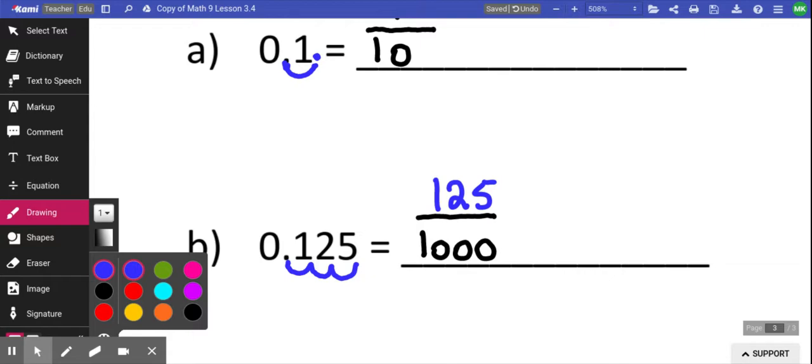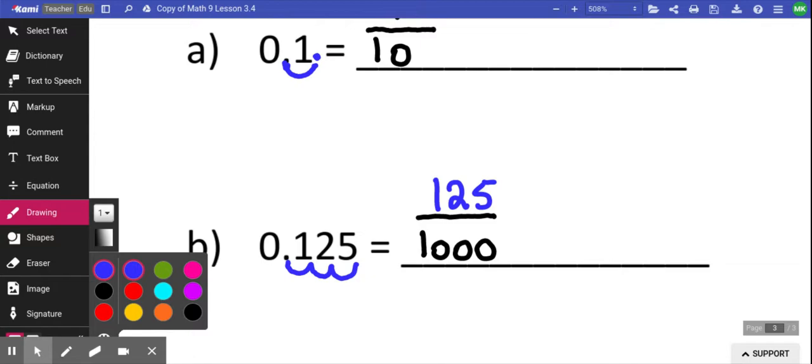That thing that I just created has to be reduced. Okay, so I have 125 divided by 1,000. Both of those can be divided by something. Some numbers might be more obvious than others, right? This one can be divided by 5 pretty easily.